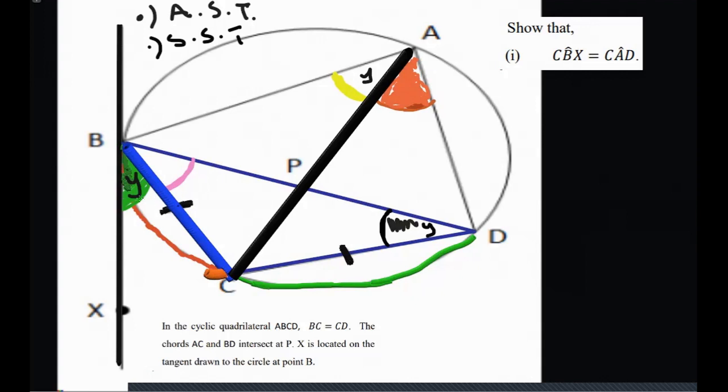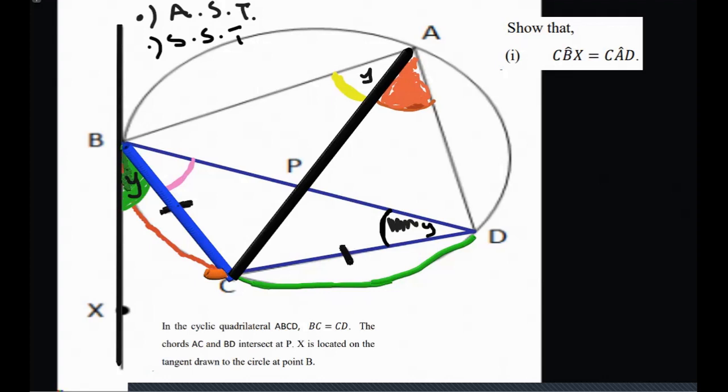Now, look at this blue colored triangle. In the blue colored triangle, we have been told that CB is equal to CD. So the blue triangle is an isosceles triangle. So we know in an isosceles triangle, angles opposite to equal sides are equal.